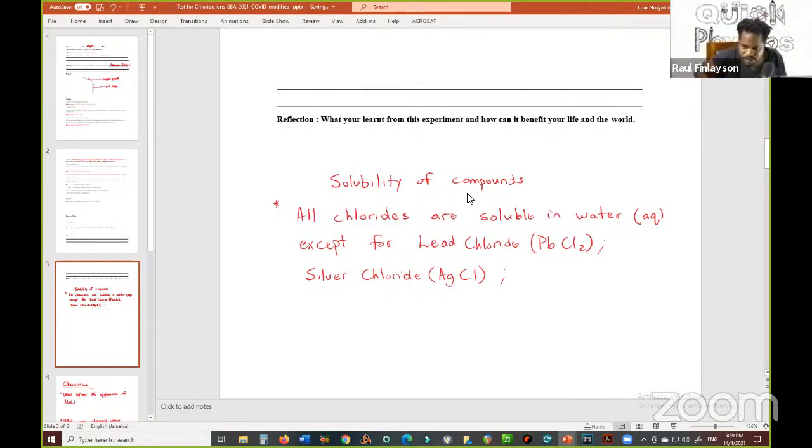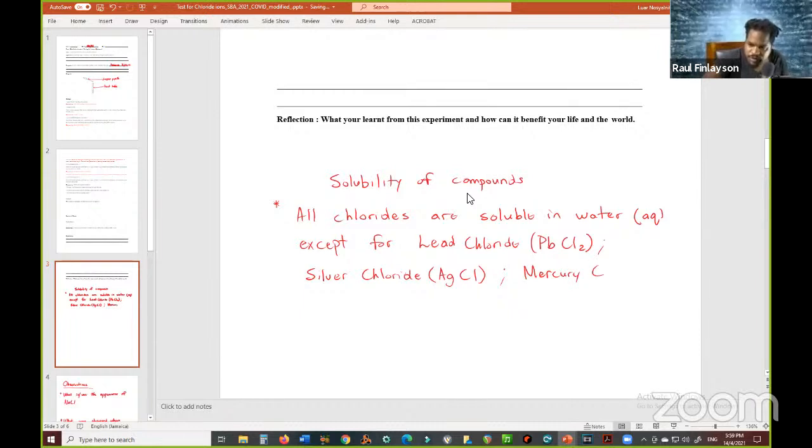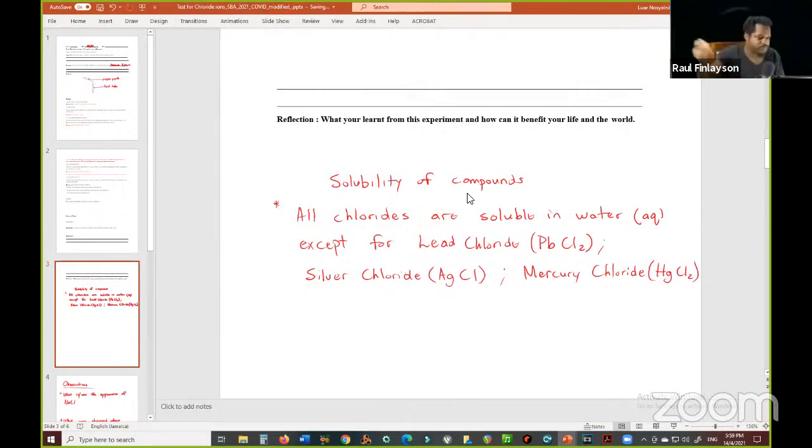And going back, also I think mercury chloride is not soluble. So let's put mercury here. Mercury chloride. And this is just at CXE level. So there are other exceptions here, but at CXE level, these are the ones that they expect you to know. All right, HgCl2, I think mercury chloride is divalent there. All right. So any questions here, guys?